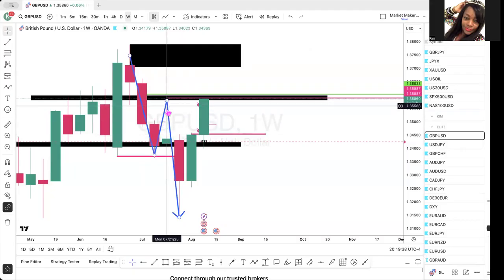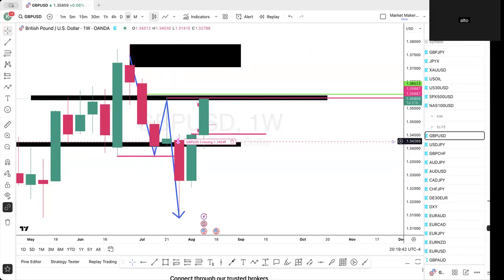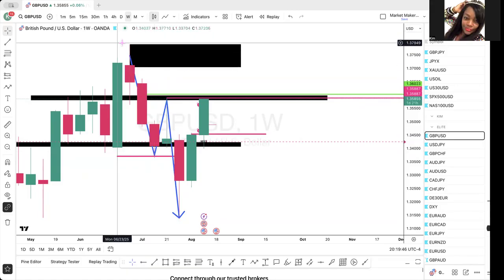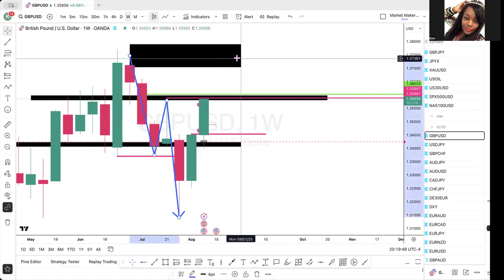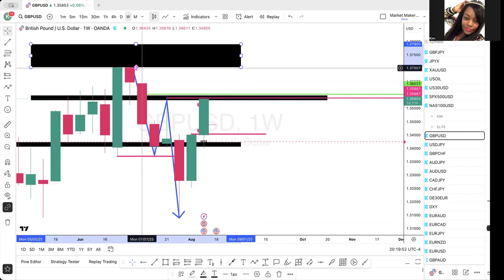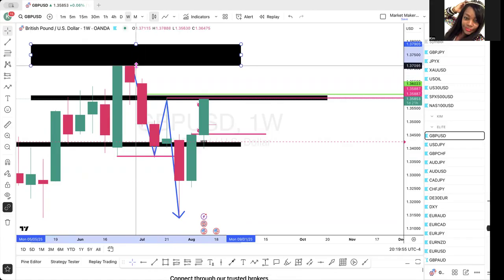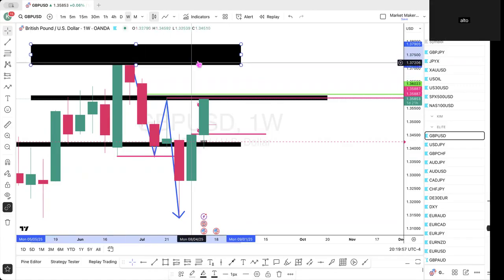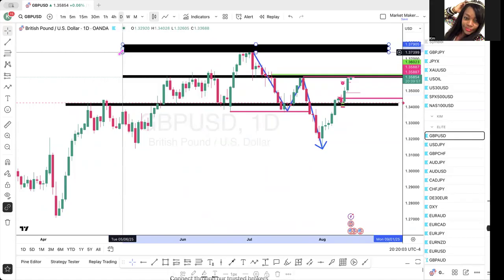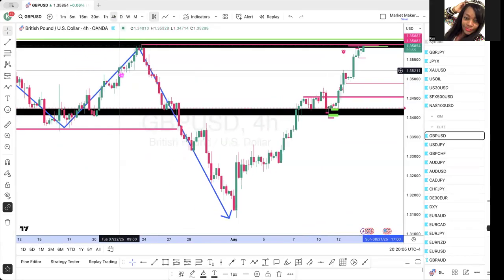This one is zone to zone. So yeah, zones are also levels of support and resistance. That's why I say I respect them very much. I respect the support and resistance. I do.